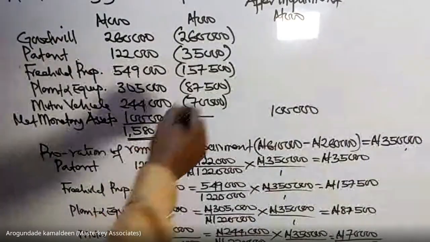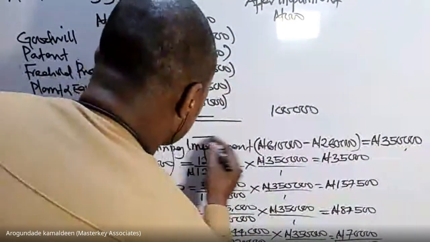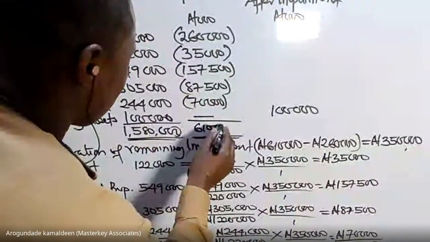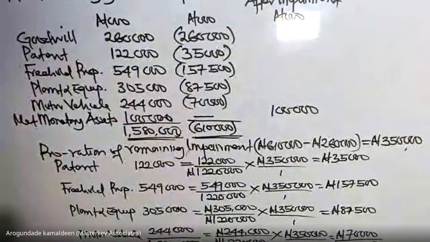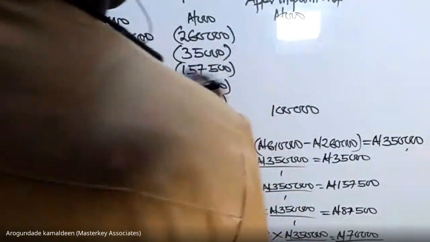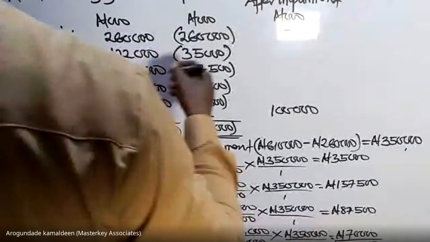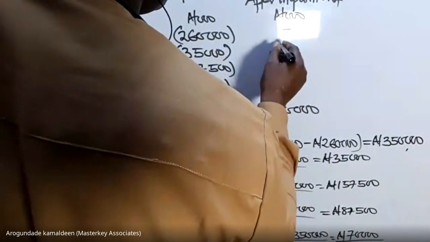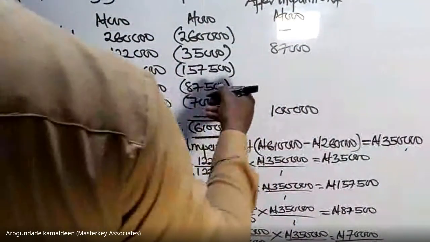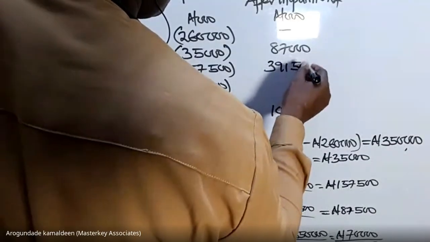Okay. So let's now find the carrying value. Here you are going to have the total amount of the impairment, the 610. So this minus this, you have here 87,000. This minus this, you have 391.